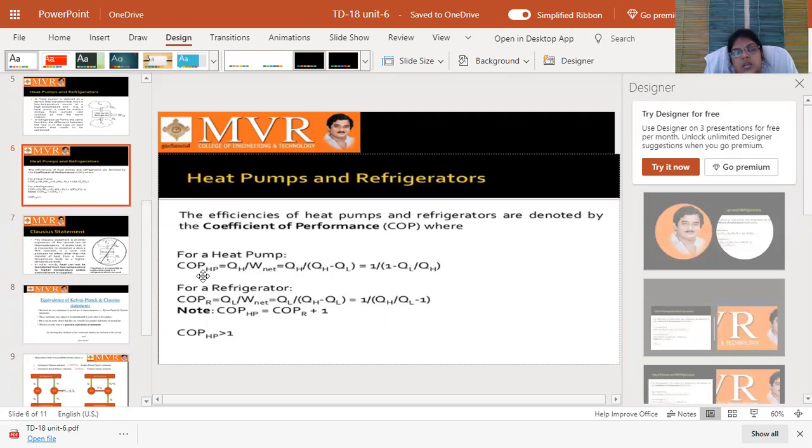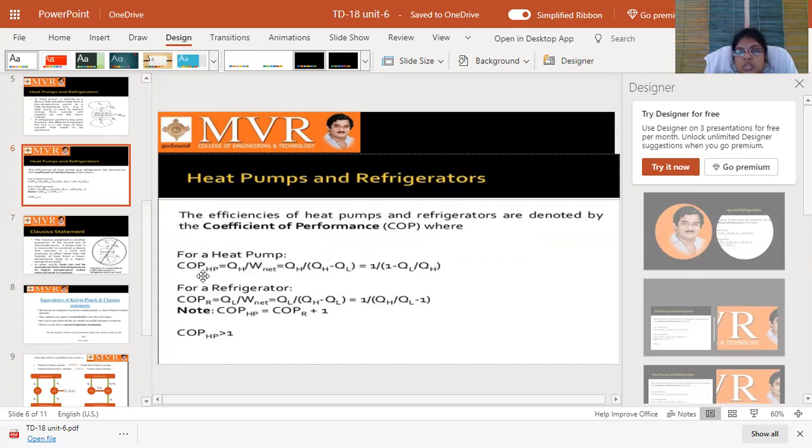In the next class, by taking these formulas, we will do some problems related to the Kelvin-Planck statement and Clausius statement. Those are the two statements of the second law of thermodynamics, along with heat engine, heat pump, and refrigerator. By taking these systems, in the next class we will do some problems.